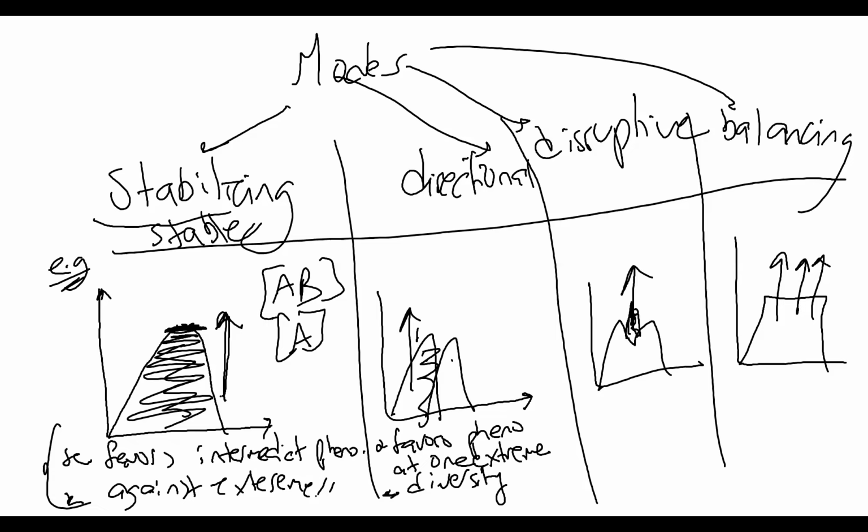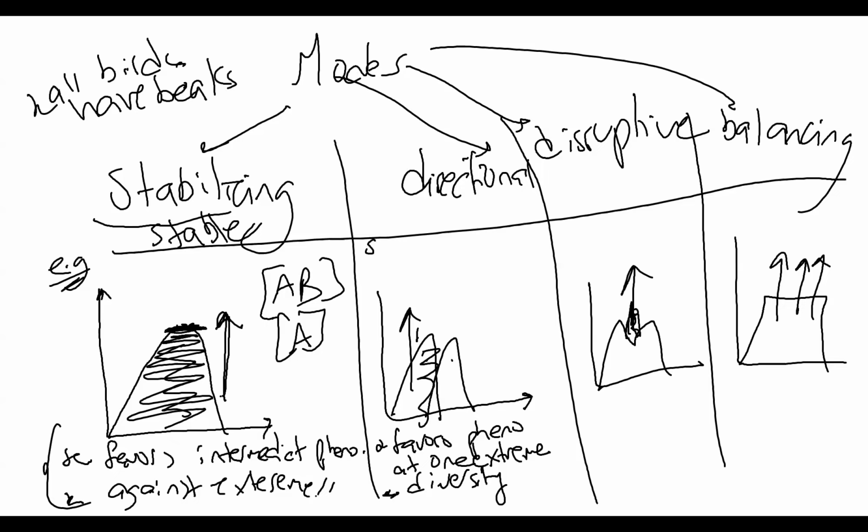Let me give the same example in directional and try to show you the difference. Stabilizing: all of the species have beaks. When does this exact example become directional?